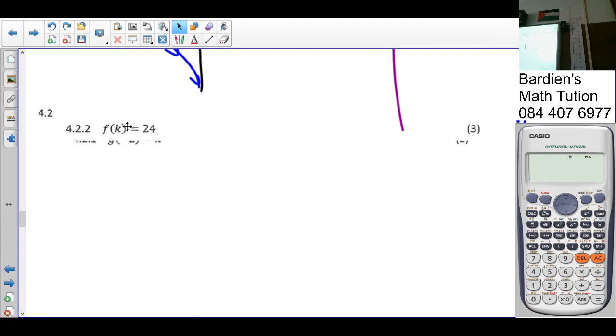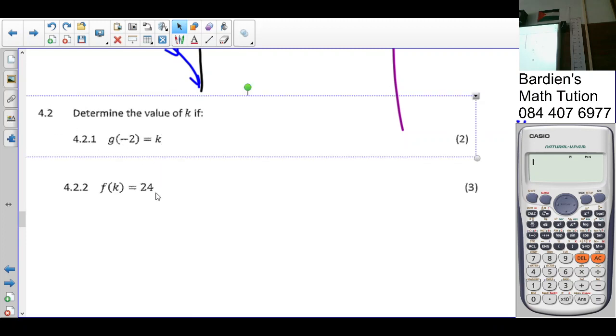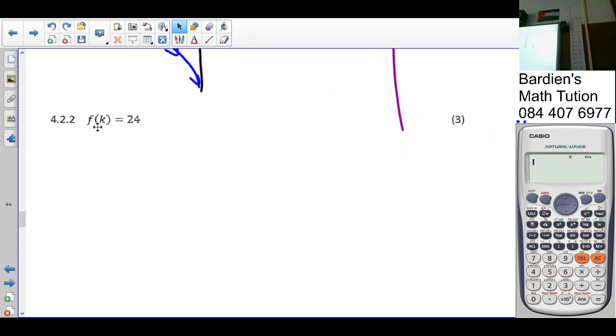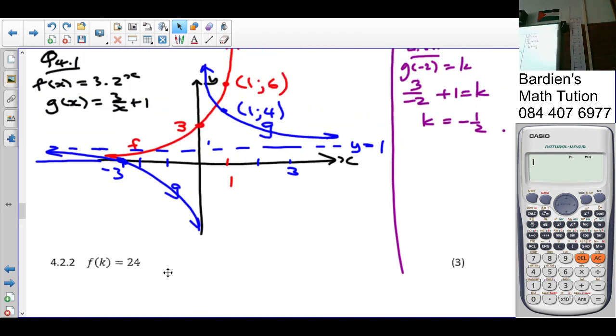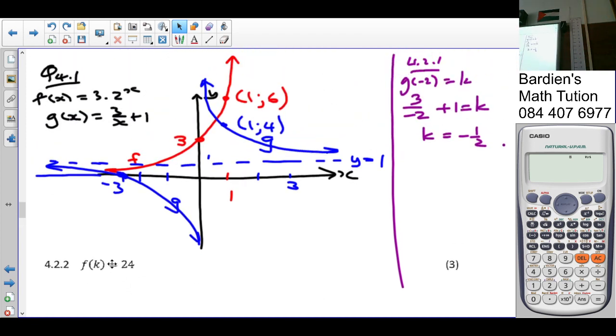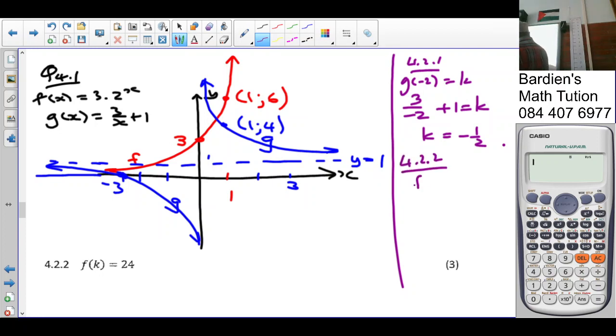4.2.2. Here we ask f of k equals 24. So wherever I see an x now, I put a k. Can you see that? So f of k is equal to 3 times 2 to the k.